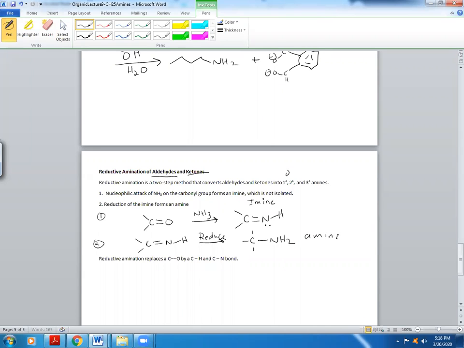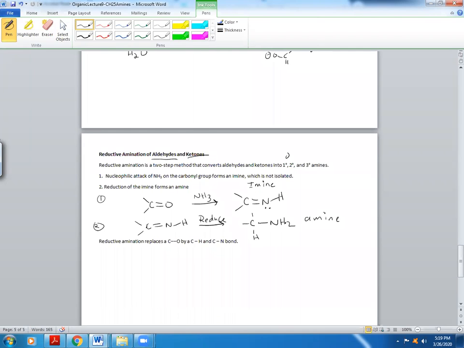Remember the definition of reduction? More carbon-hydrogen bonds. So here we added a hydrogen. Less carbon-nitrogen, oxygen, or halide bonds. And in this case, we formed the amine. So let's look at an example.